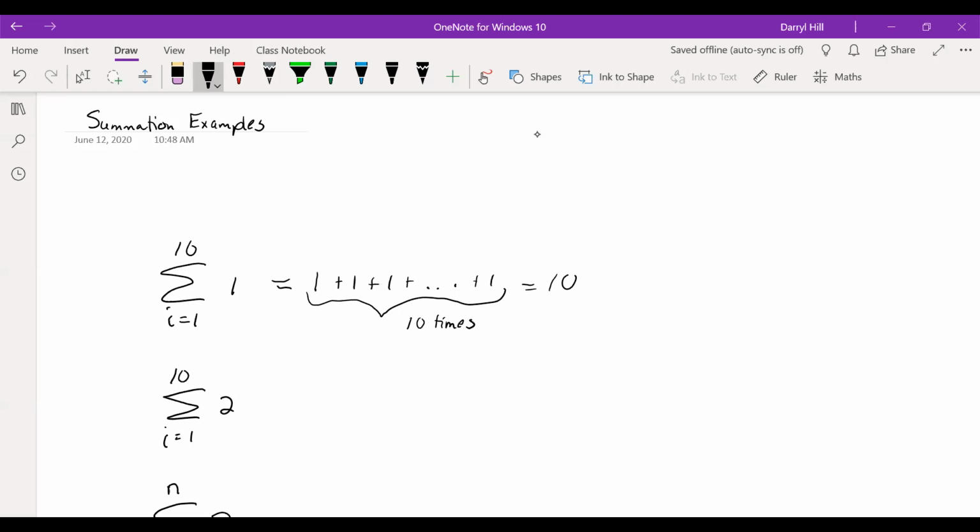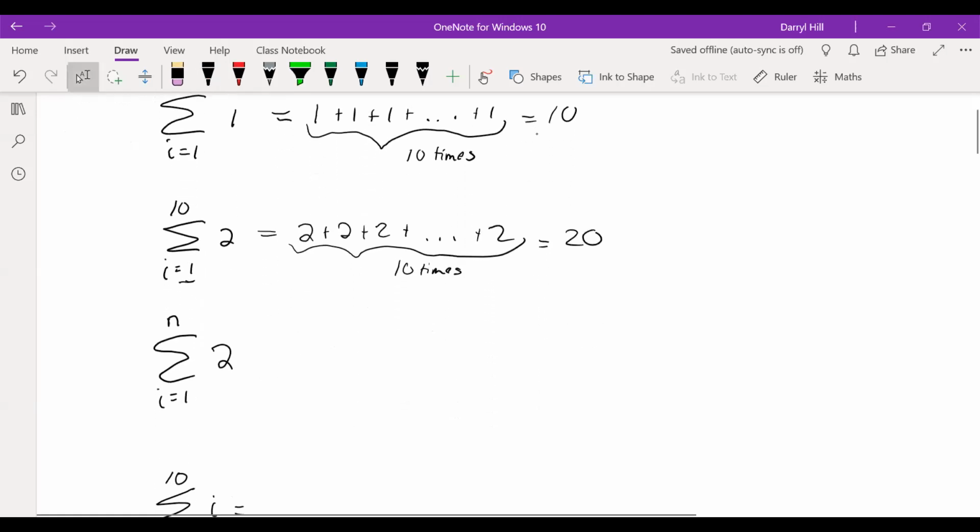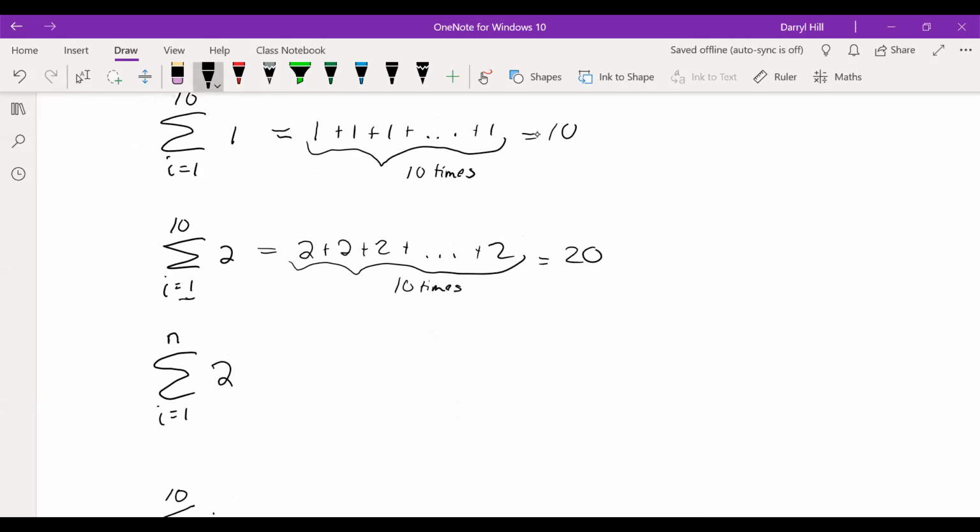Here we have i equals 1 to 10 of 2. So we have 2 plus 2 plus 2, again 10 times, and that's equal to 20, of course. And in general, we have i equals 1 to n of some constant factor. We can write this as 2 plus 2 plus 2, n times, or 2 times n in this case, or whatever constant we have there.